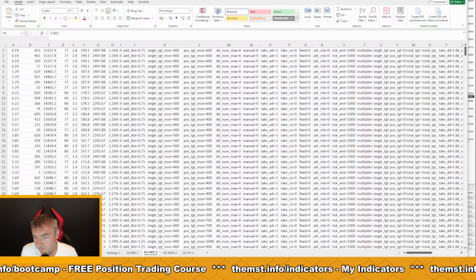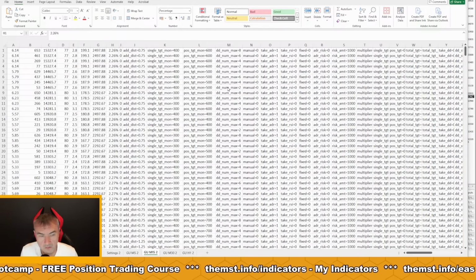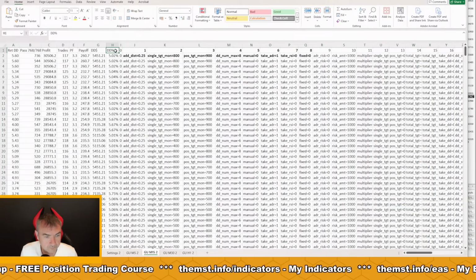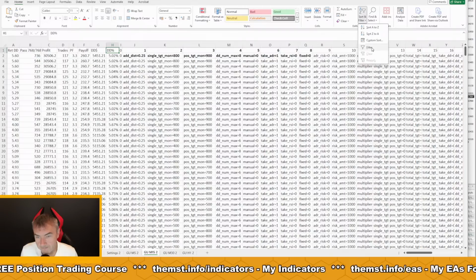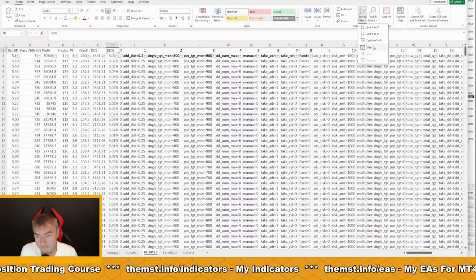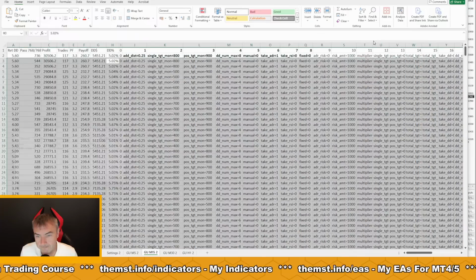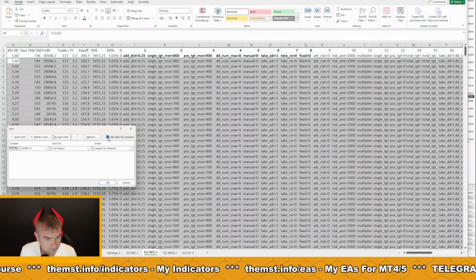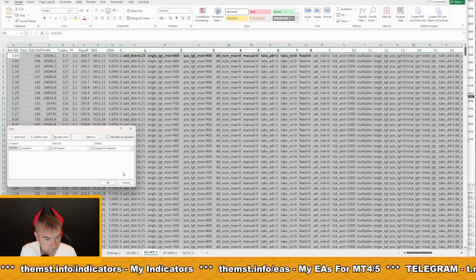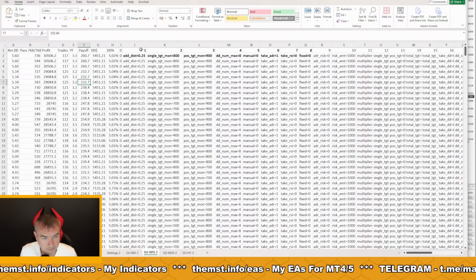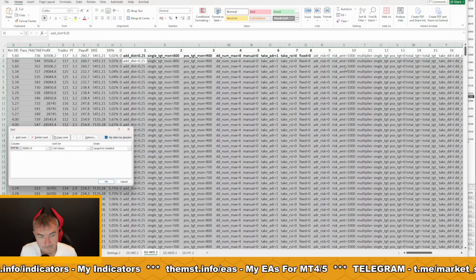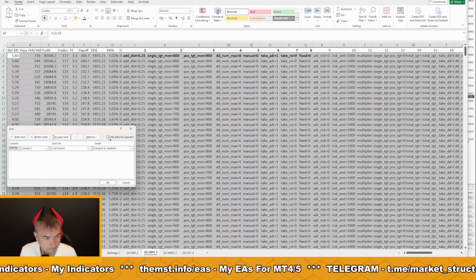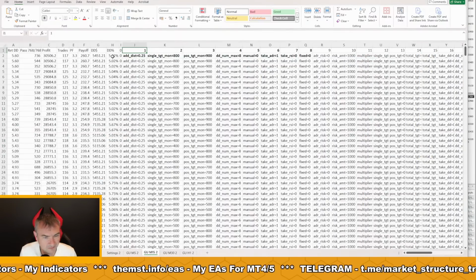So let me just, it's got rid of my headers for some reason. Oh, no, I didn't want to do that. My data has headers. Why is it selecting the top?